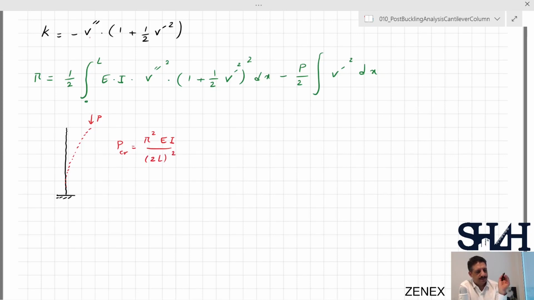We already know that. Now the easiest way is to find a function that would resemble the dashed line.